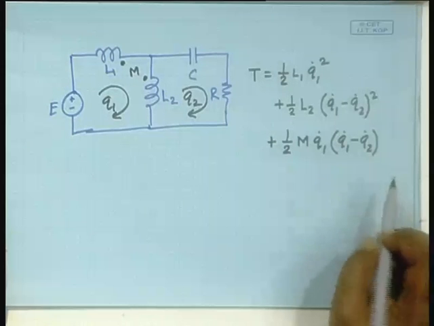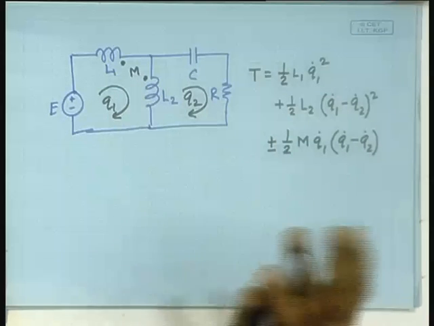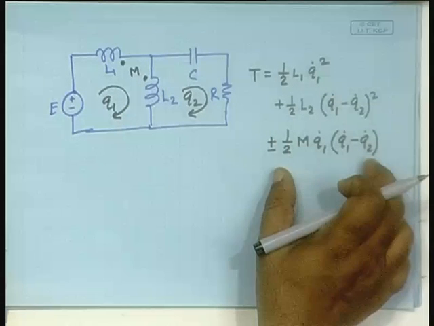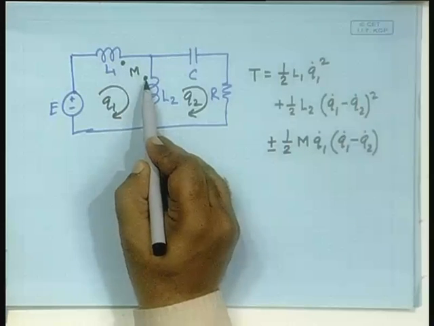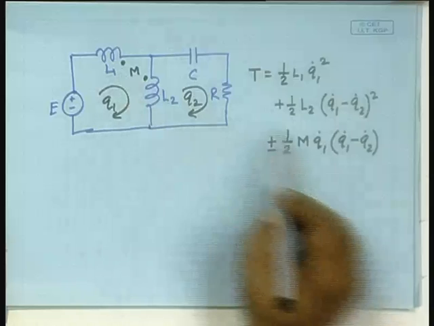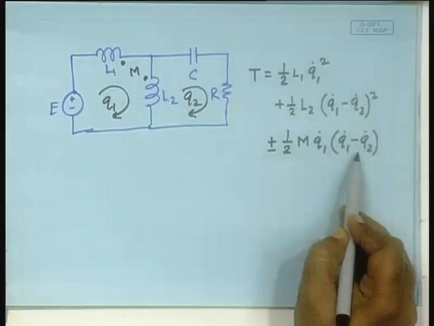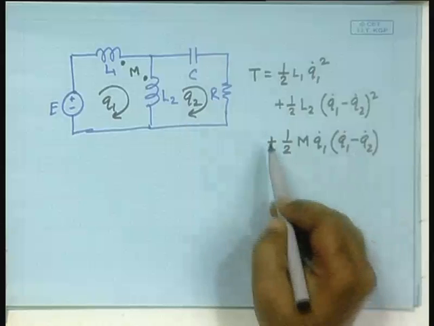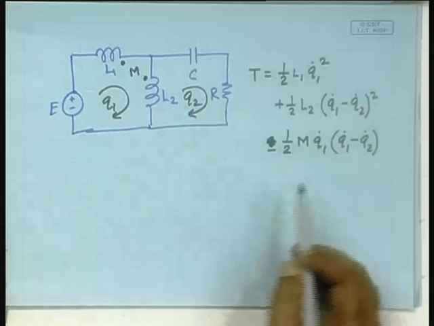Here I will first put plus minus and then do the choice. Because I have put the dots here and here, Q1 goes out through the dot and Q1 minus Q2 goes into the dot, therefore, these two currents are subtractive. If it is subtractive, I have to take the minus sign. The rest remains the same.